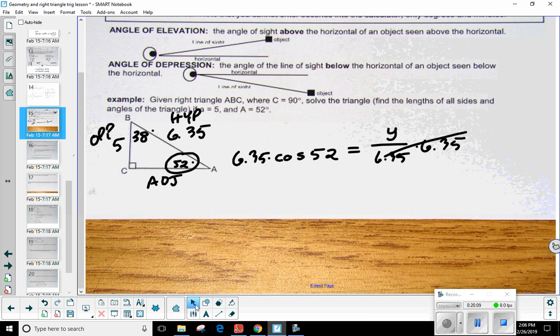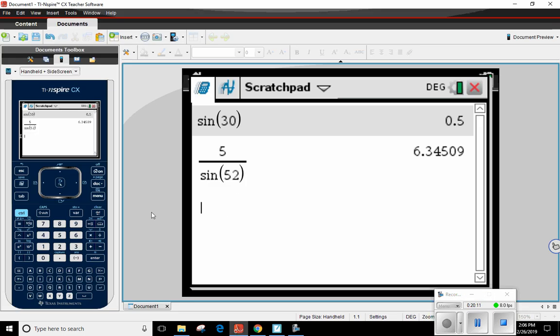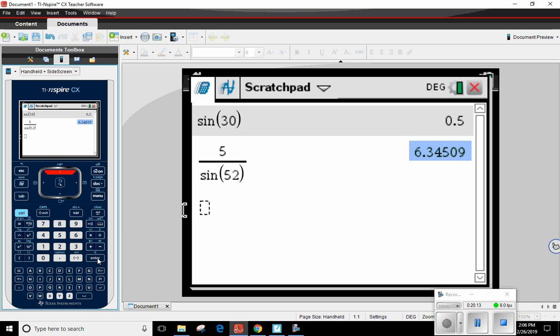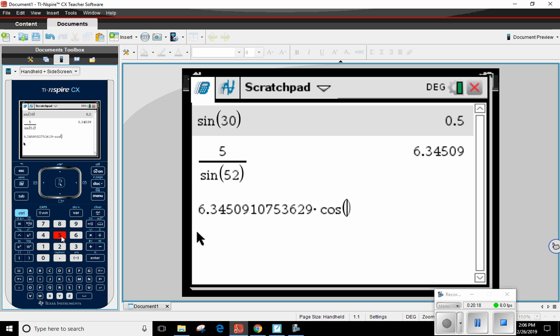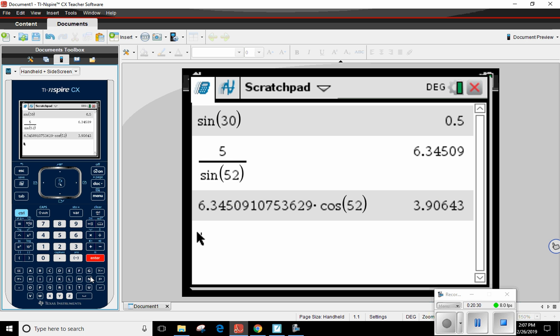I'm going to go ahead and use the previous answer times cosine of 52 degrees. Now, we're not talking about anything that's going to be off by a huge amount, but it's just a habit I've gotten into teaching pre-cal these past few years. Okay. So when I push enter, I would say that other length is about 3.91.